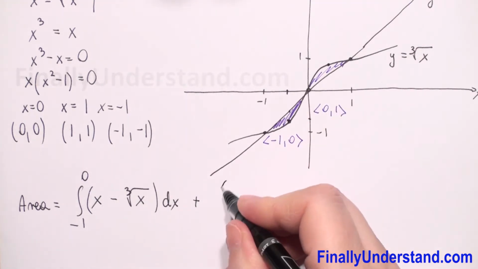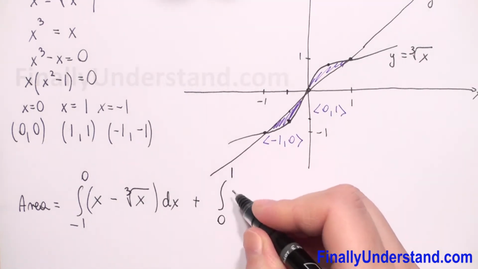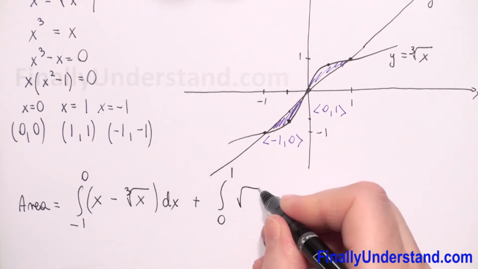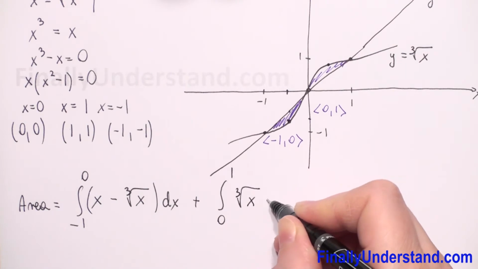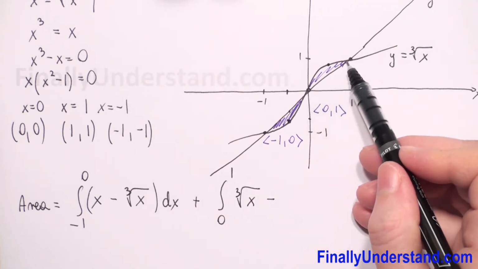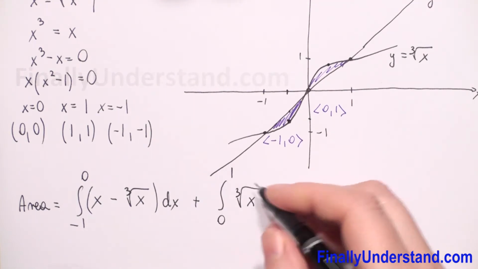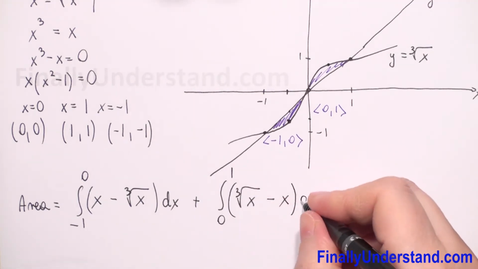And we add the second area, from 0 to 1, where the upper function is the cube root of x, and we subtract the lower function. The lower is y equals x, so we put x dx.